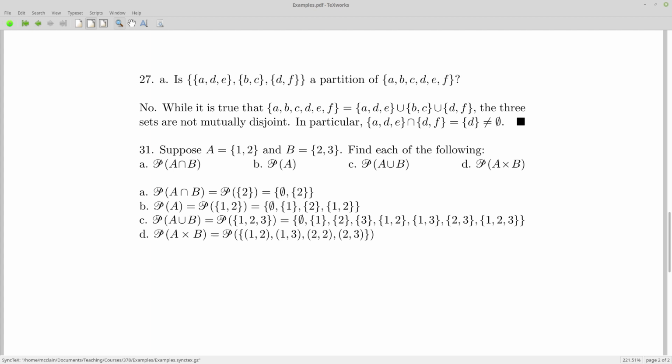The Cartesian product of A and B is going to consist of ordered pairs: (1, 2), (1, 3), (2, 2), (2, 3). So we need to make ordered pairs where the first element comes from A and the second element comes from B. So you might want to review Cartesian products. And in this section they expand on it to give Cartesian products involving more than 2 sets as well. So you could have ordered triplets, ordered quadruplets, and so on.